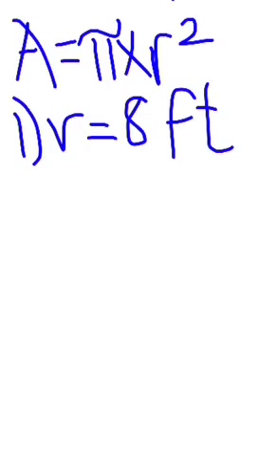We have a circle with a given radius of 8 feet, and we need to find the area of it. Are we given the radius? Yes, so we can plug 8 into our formula.